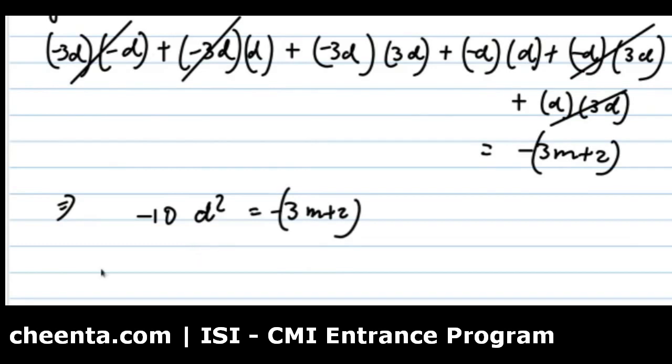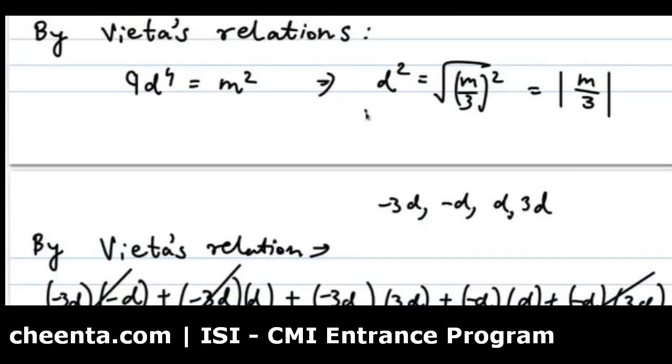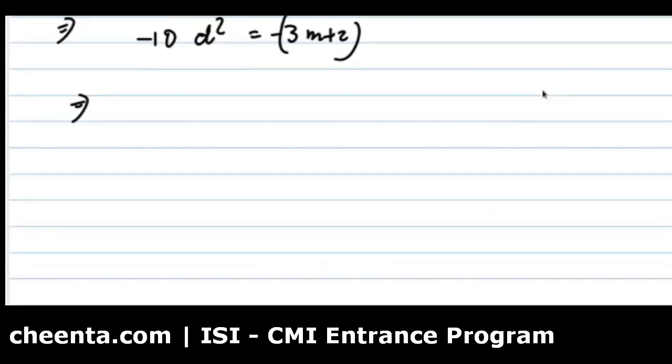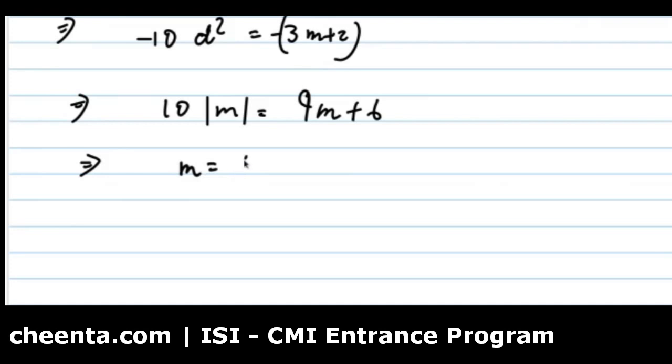Here again, what we got was this thing. Let us substitute d squared. So 10 times mod m equals 9m plus 6, right? So we get that m equals 6, if we take plus m.